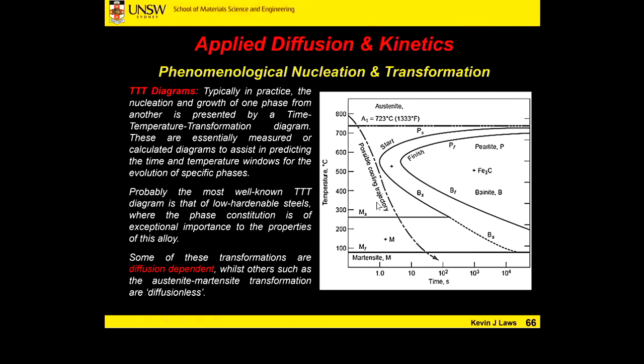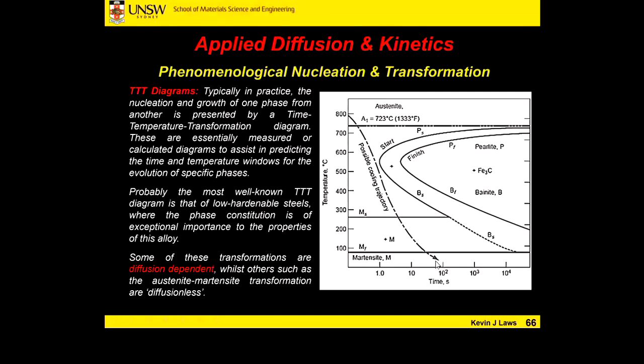So basically the idea of these diagrams is for us to put into context these transformations in a useful way. In industry, we might want a material that is soft, so we would cool it more slowly to go through the soft ferrite phase. We might want a material that's very, very hard, would be brittle, so we'd cool it very, very quickly to avoid the soft phases and invoke these harder phases over here.